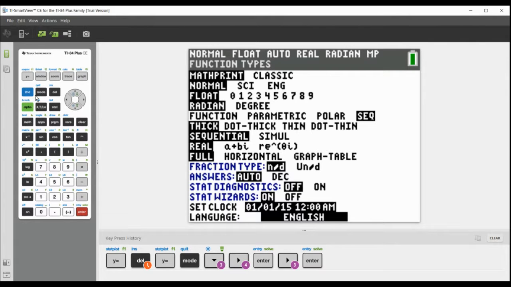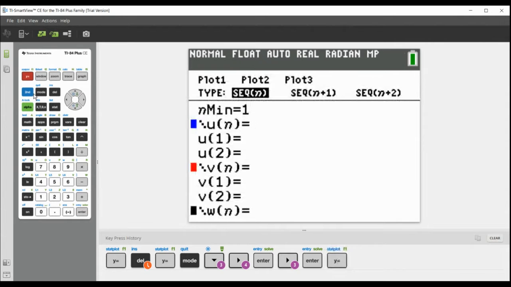You should have this on your TI-83/84 calculator as well. Then when you go to y equals, the minimum starting value is 1. So n goes 1, 2, 3, 4 up to infinity. N takes on integers, but the starting value of n is usually 1.